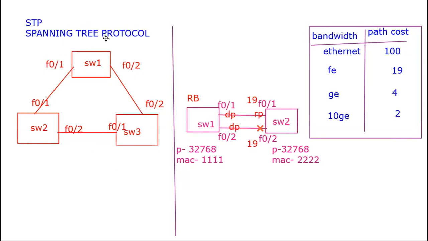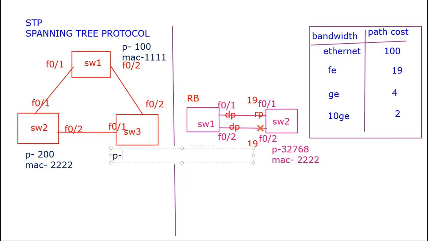Okay. Now, let's say the priority of this switch is 100, MAC address is 111. Priority of this switch is 200, MAC address 352.